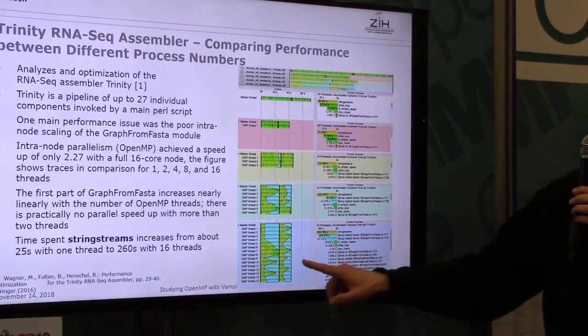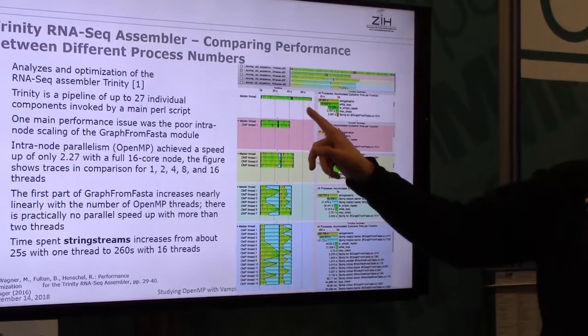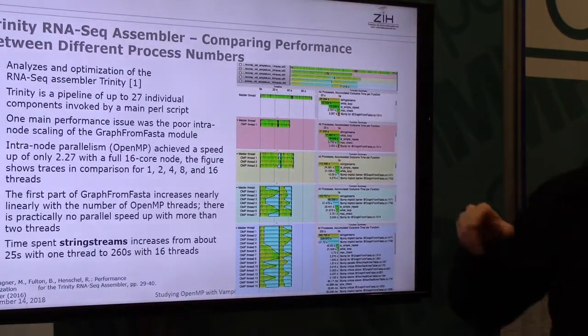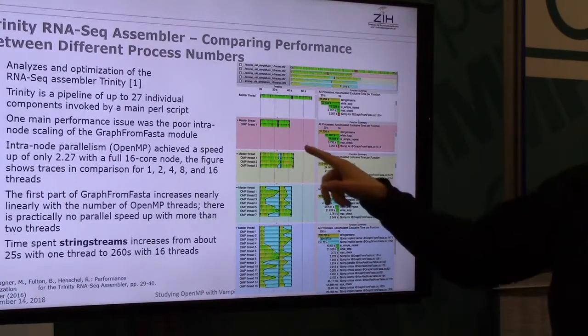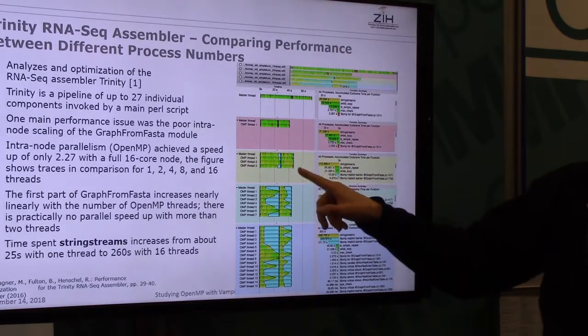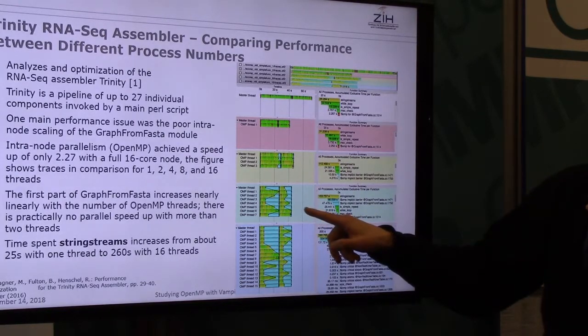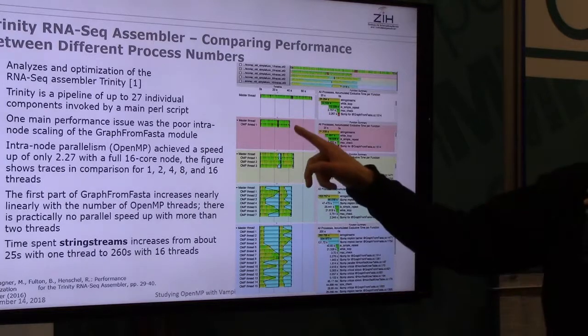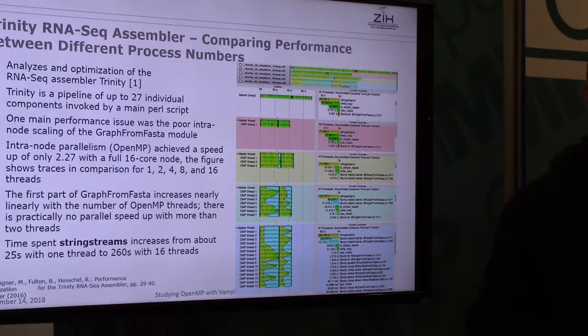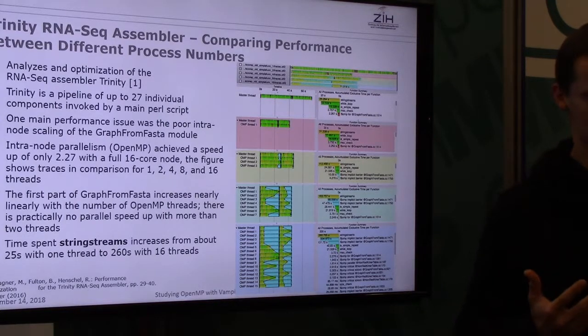And what you see here immediately is that from the step from 1 thread to 2, you get a performance benefit. But in all other steps from 2 to 4, 8, or even 16 threads, you do not see a decrease in overall runtime. So you use more resources, but you don't get a performance benefit from it.